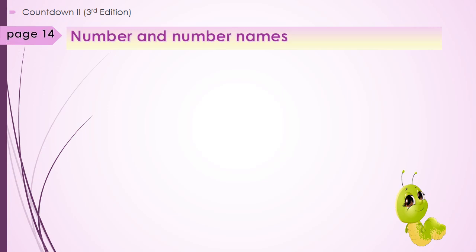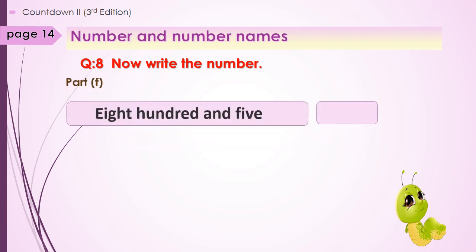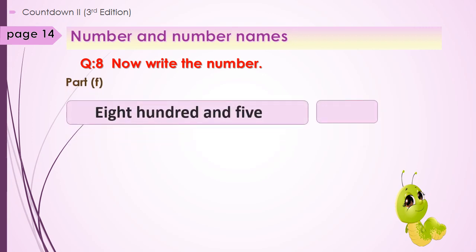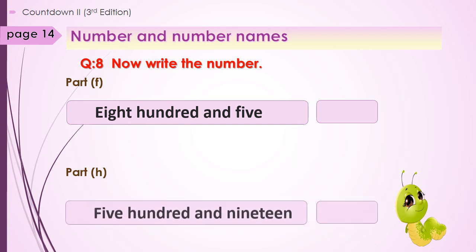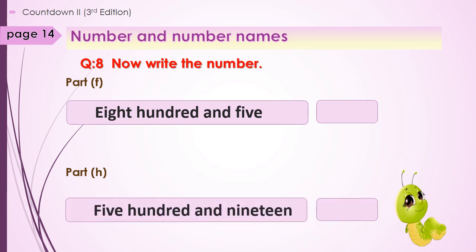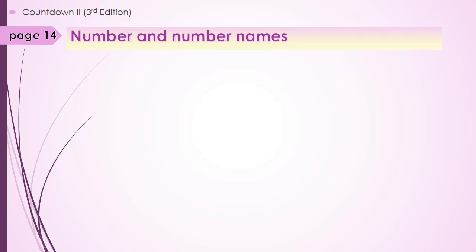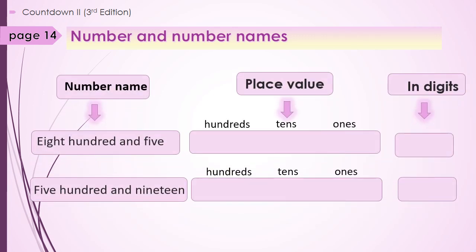Page number 14, question number 8. Now write the number. Part F. 805. Part H. 519. To figure out the number, we will write the number name according to its place value.